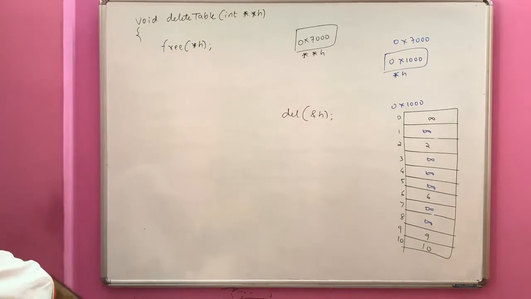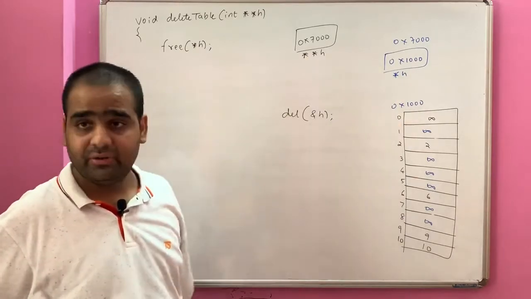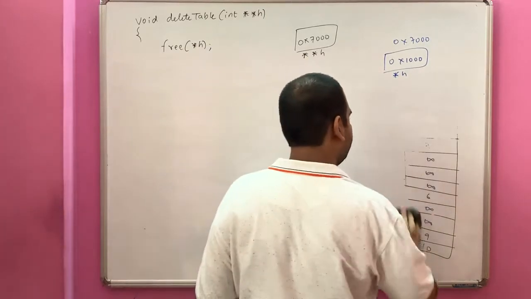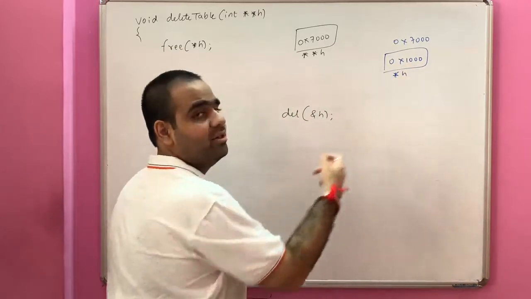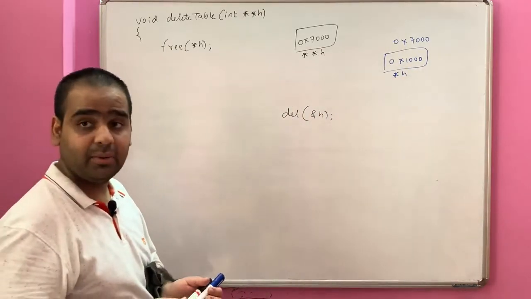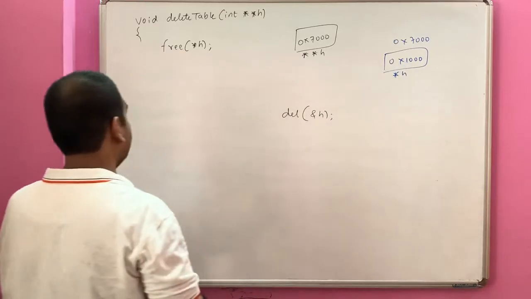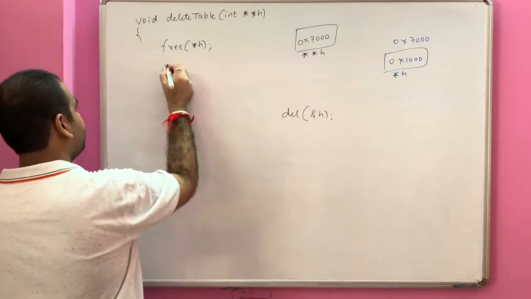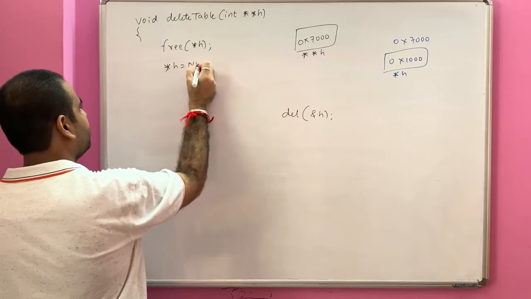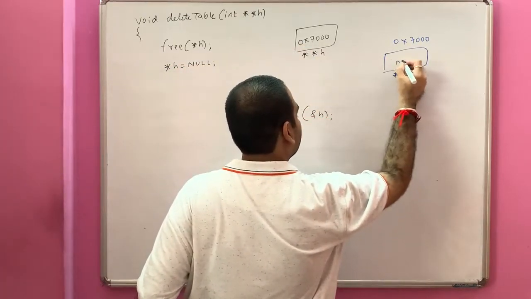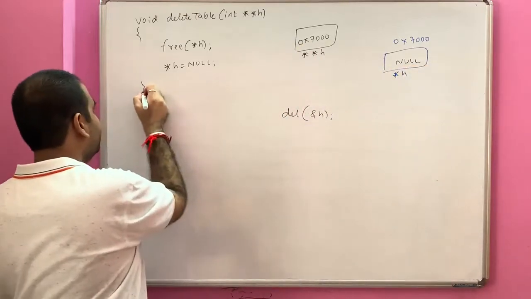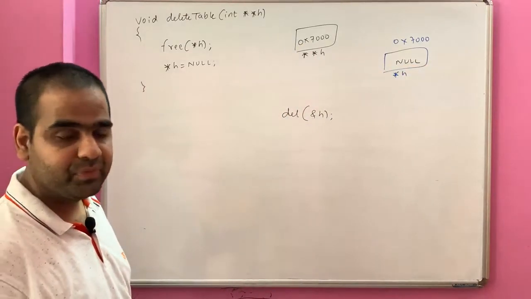It is 7000. Go to address 7000, you get 1000. At address 1000, you delete it. But this is still pointing to address 1000, a freed location. It becomes a dangling pointer, and I have to store null over here. And how do you store null? You say star h is equal to null. What is star h? Go to address 7000 and store null. It becomes null, and you see that the table is being deleted.